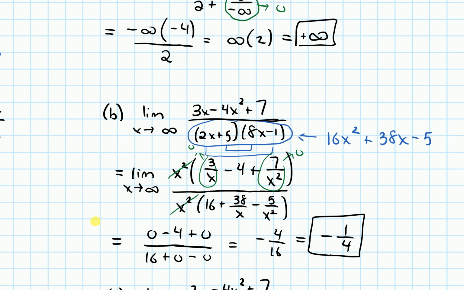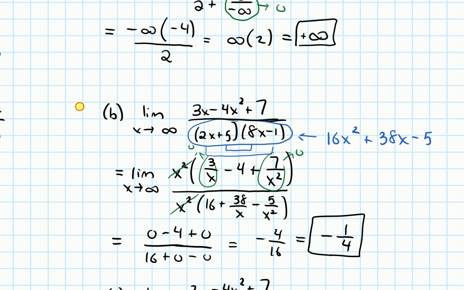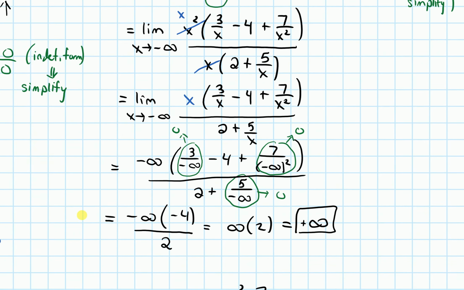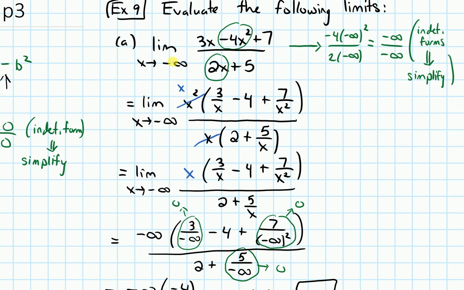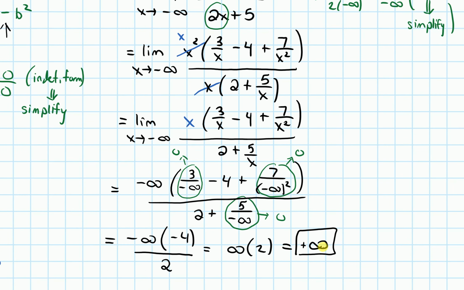So let's do one more of these. Okay, so let's do the limit as x approaches infinity of this rational function now. So before I do this, just quick comments about the previous examples. In part A, we saw an infinite limit of a rational function that ended up being positive infinity.